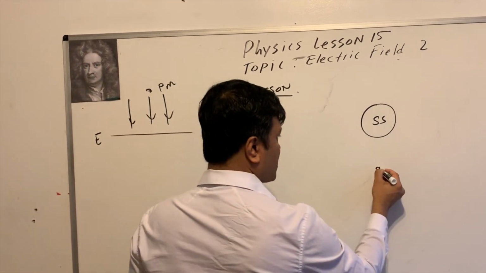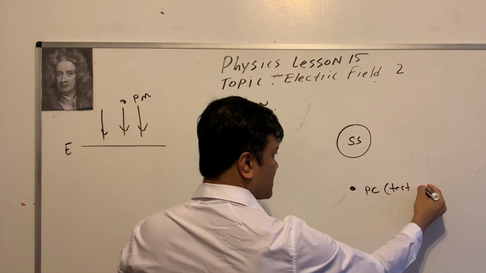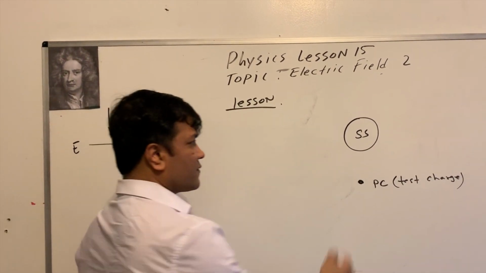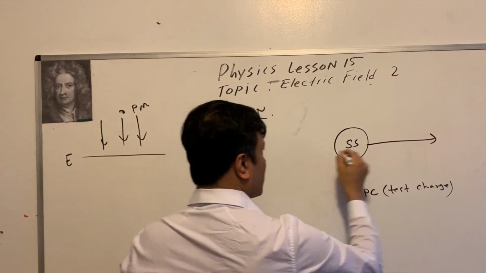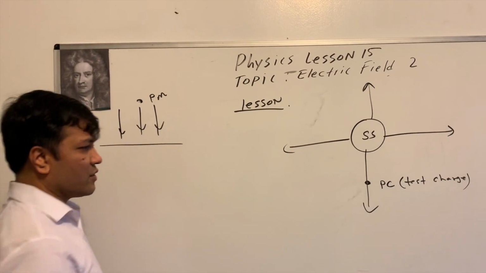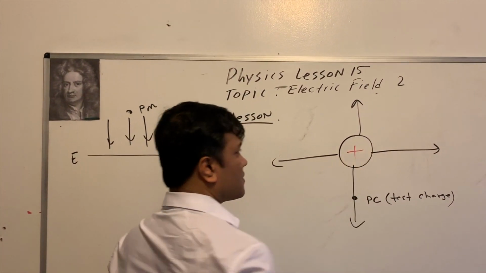Well, you put a point charge. Sometimes they call it a test charge. If the field lines go outward radially, then we know that the source charge is positive.